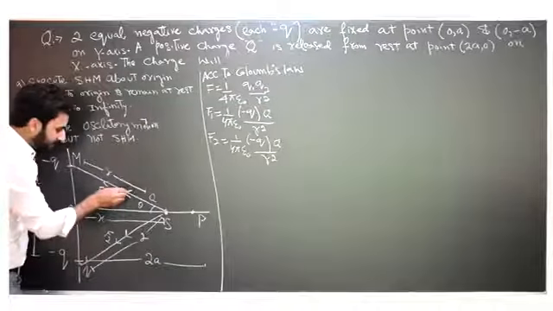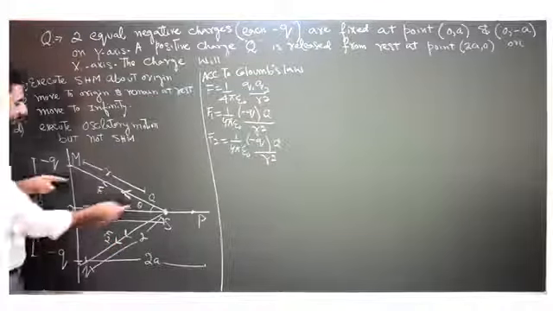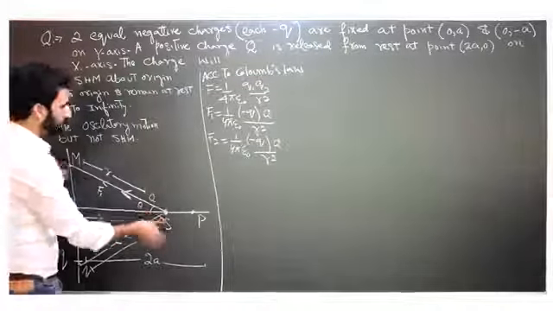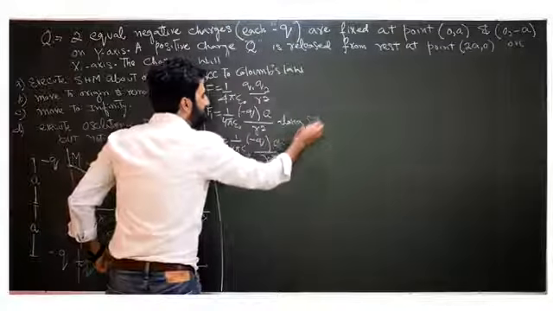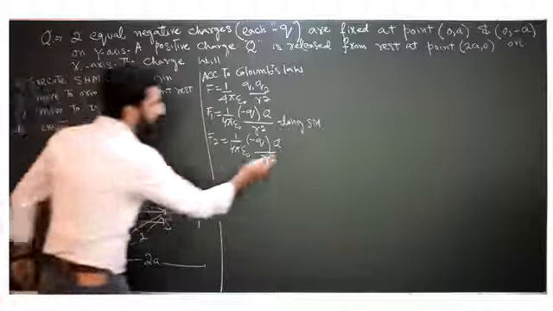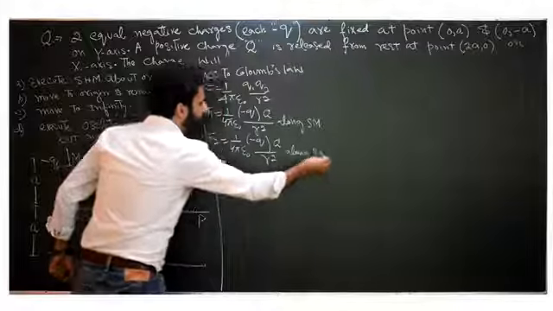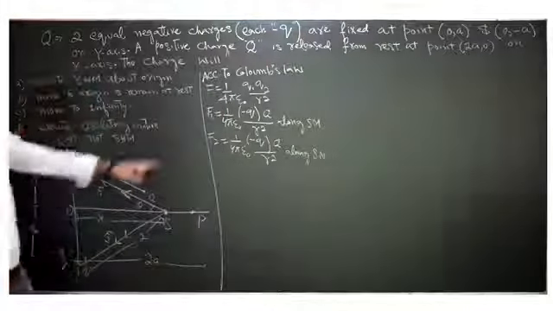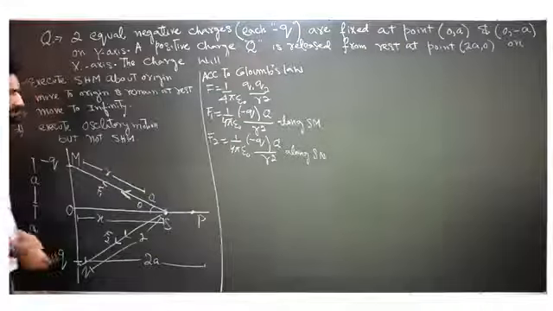But F1 is directed in this direction and F2 is directed in this direction. So we can mention the direction. This is along SM, and this force is along SM.